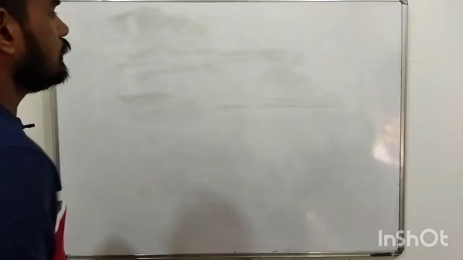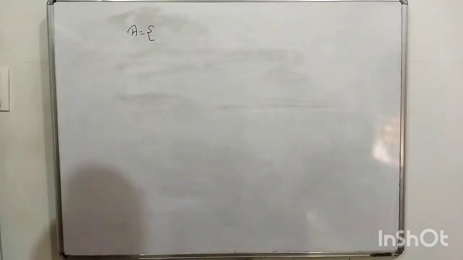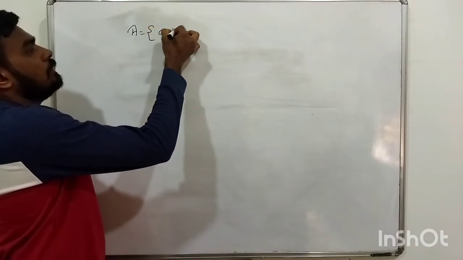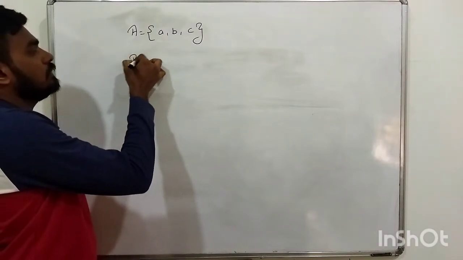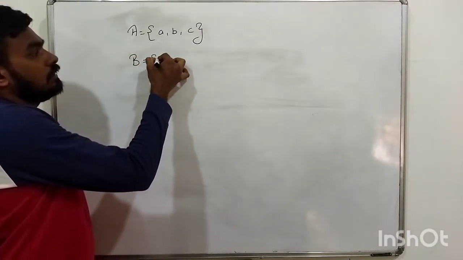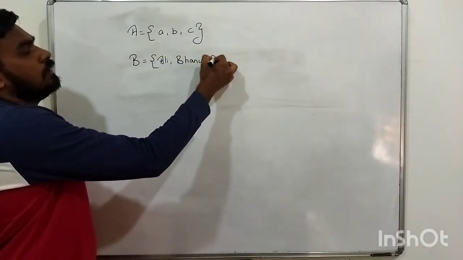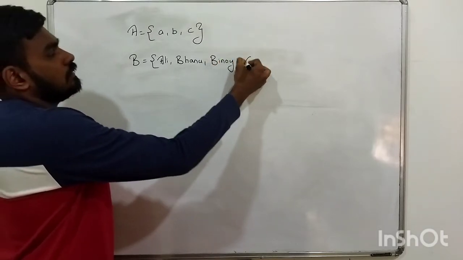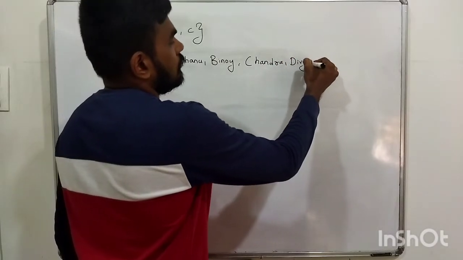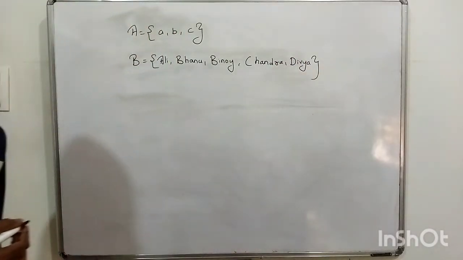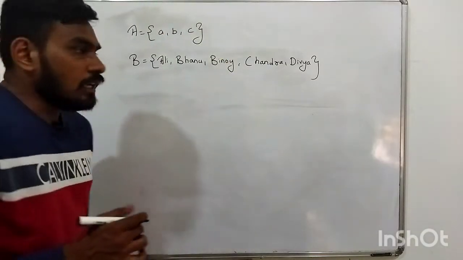If we have set A which has elements a, b, c, these are the three elements of set A, and we have set B with elements Ali, Bhanu, Binoy, Chandra, Divya. So these are the names of 5 students, and these are the letters a, b and c. Now I am defining relation R.